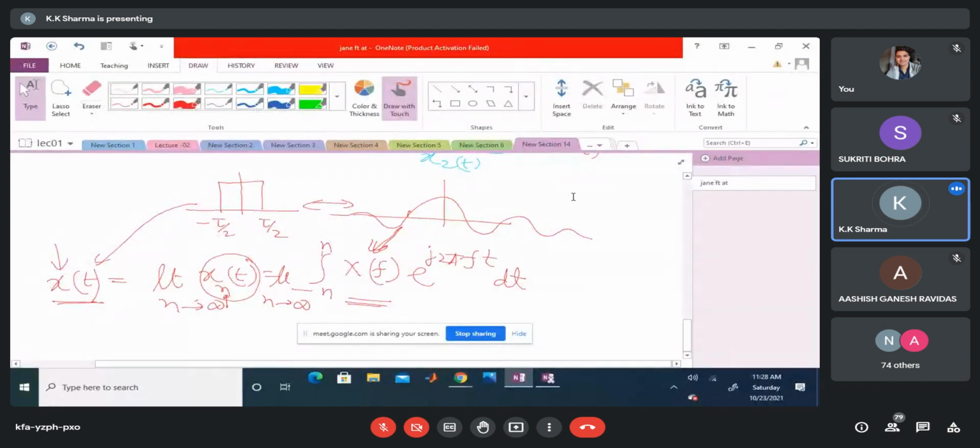These are subtleties which are required to be known by you, otherwise you will miss them. So the most common example of a pulse signal having a sinc as a Fourier transform pair, the inverse transform of this sinc function is the pulse signal, but in this sense of limit. Okay?